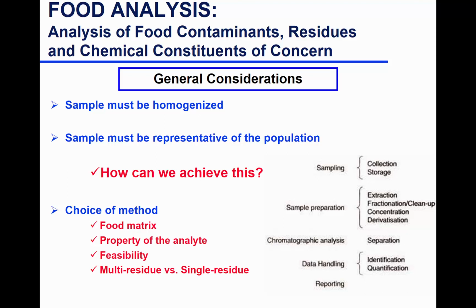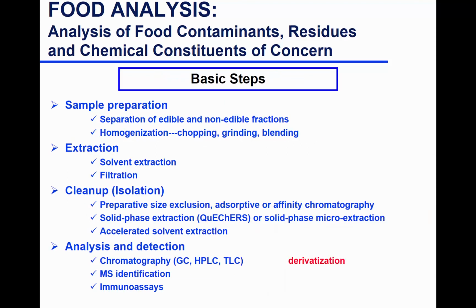Then you go ahead with your analysis, in this case chromatographic analysis for separation, and then identification either by a regular GC detector or an HPLC detector, but oftentimes for these compounds we use MS. Many of these compounds we use mass spectrometry, and then reporting.